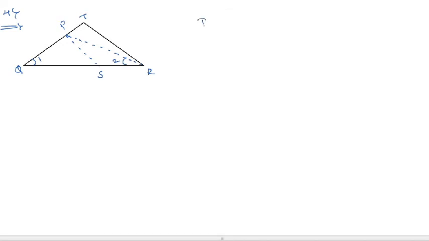It is given that angle 1 is equal to angle 2, so it is an isosceles triangle. Therefore PQ is equal to PR.